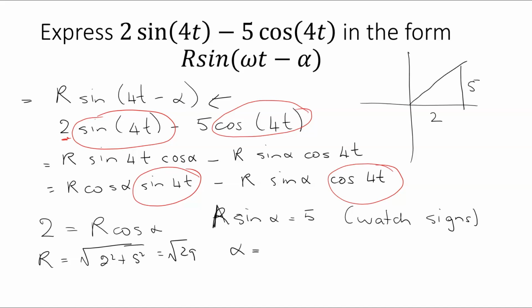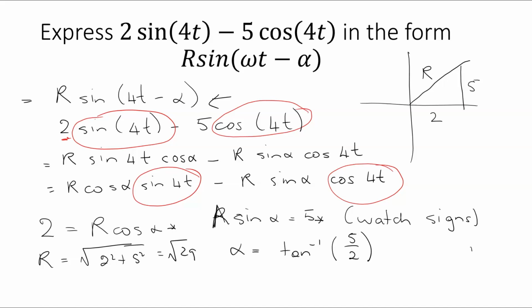And that's coming from this statement, and that line there is R. So we're in quadrant 1. So our inverse tan is going to be of 5 over 2.